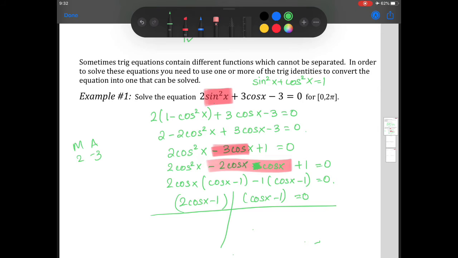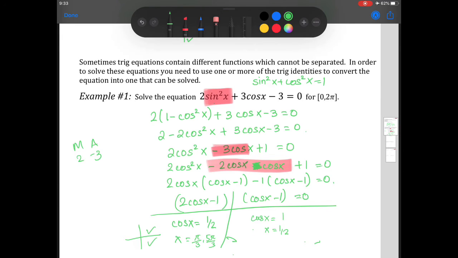Make up your t-chart and set each of them equal to 0. What do I get? Cosine x equals 1/2. So x will be pi over 3 and 5 pi over 3, because cosine is positive in the first and the fourth quadrant. This would be cosine x equals 1.